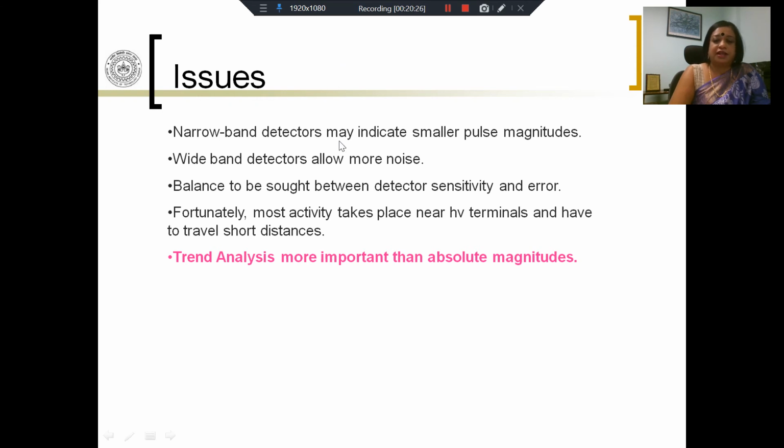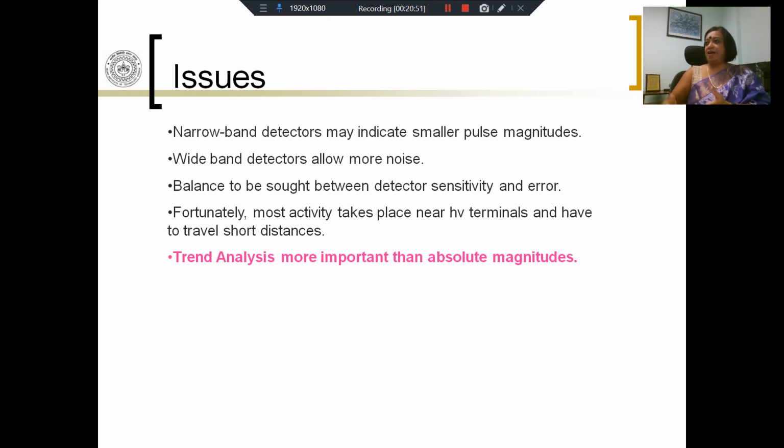The frequency is important. If you take narrowband detectors, you zero in on certain frequencies that you like for whatever reason, but then in certain scenarios, you might end up with a signal which has a very low magnitude, and therefore pulses of small magnitudes may not be registered at all.